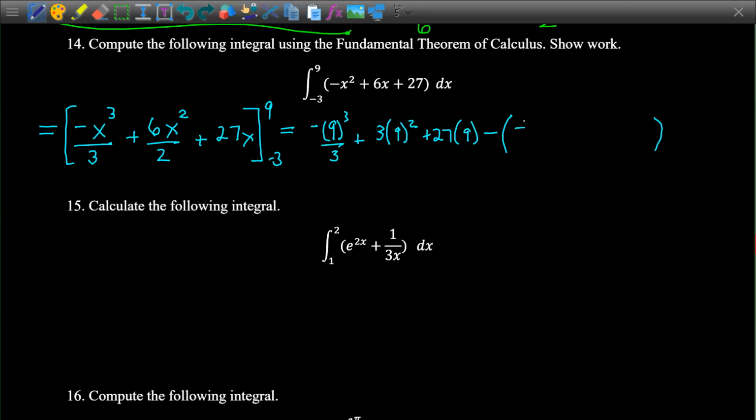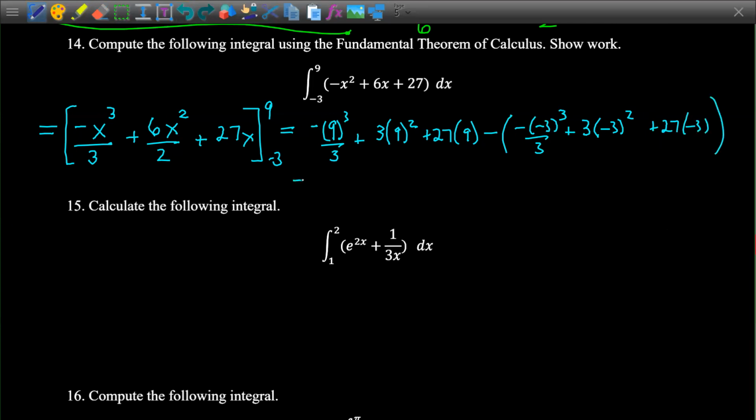So I have minus, here we have a minus 3 cubed, and that's over 3. And then plus 3x squared, our x in this case is minus 3, and plus 27x. So plus 27 times minus 3.